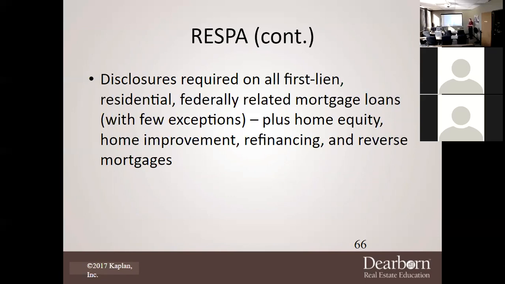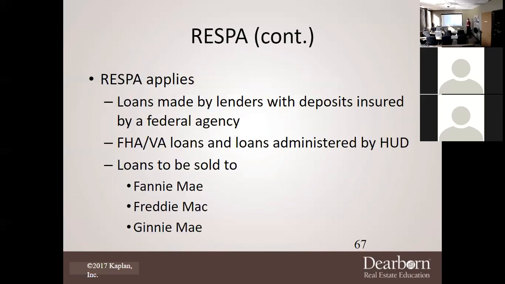Yeah, because this only applies to these types of loans. So again, RESPA applies to loans made by lenders with deposits insured by a federal agency, FHA and VA loans, loans administered by HUD, and loans to be sold to Fannie, Freddie, and Ginnie.